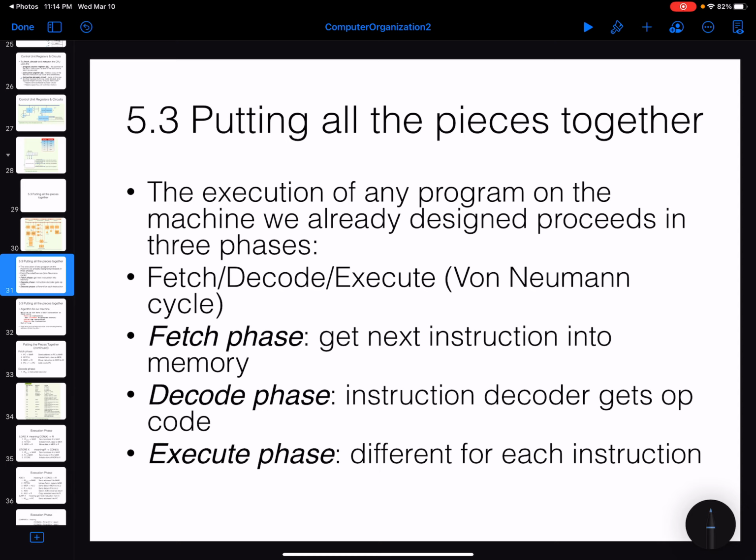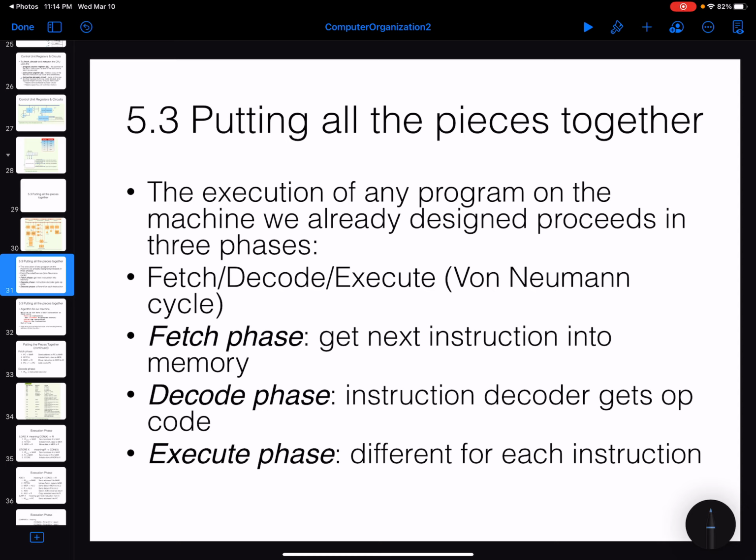Execution of each program is fetching the next instruction, decoding the instruction and understanding what needs to be done, then executing it. So you activate the proper signal and send it out to the different units that need to execute it.